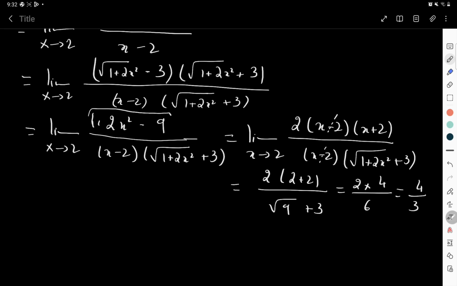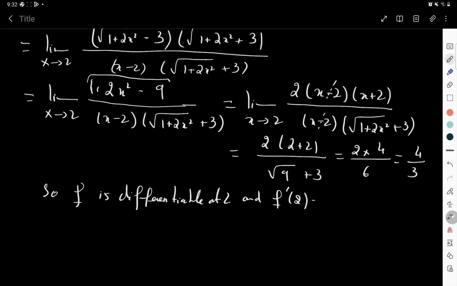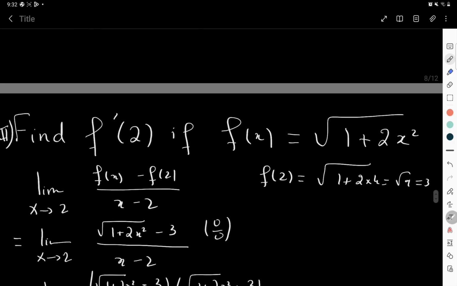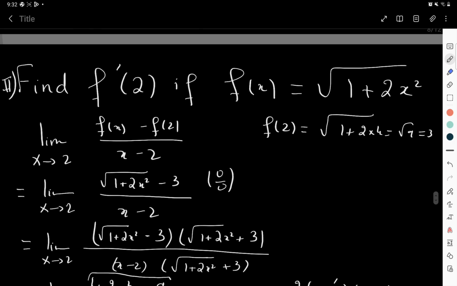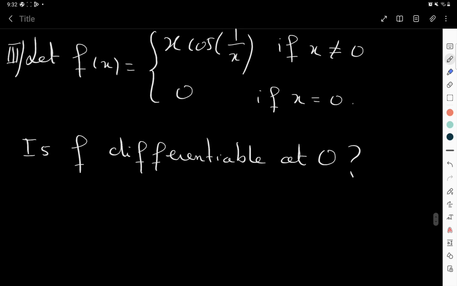Okay, so f is differentiable at 2, and f prime of 2 is equal to 4 over 3. Okay, this is using the definition. Of course, we know how to do this now with the chain rule, but this was meant to be done with the definition. Okay, great.